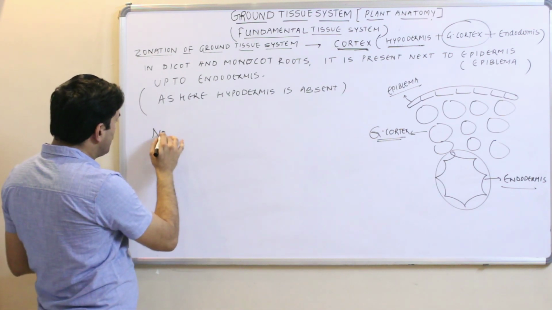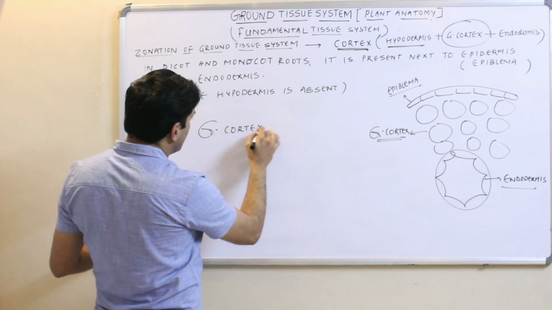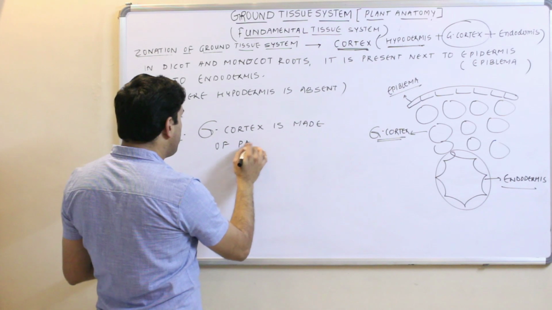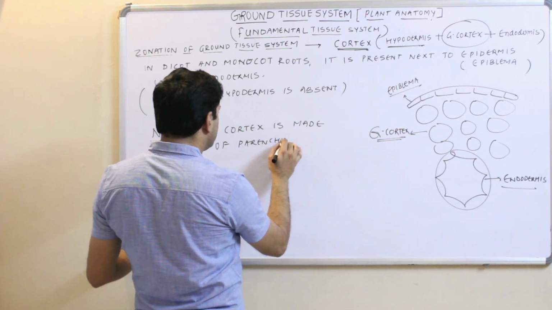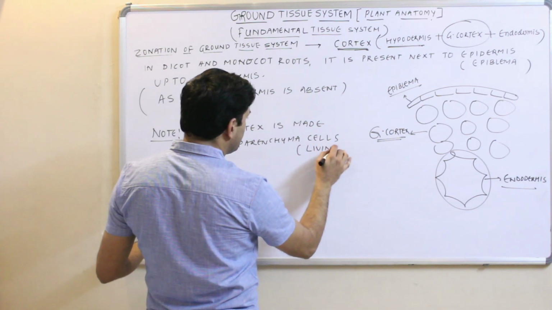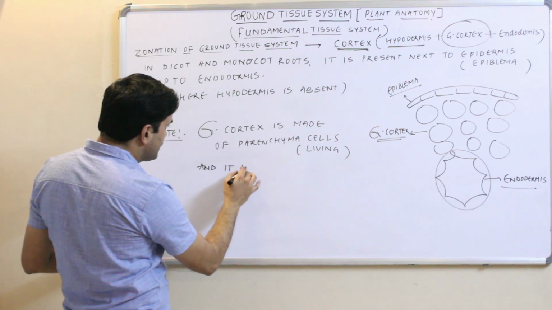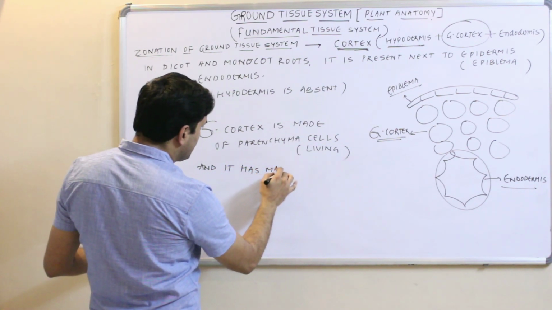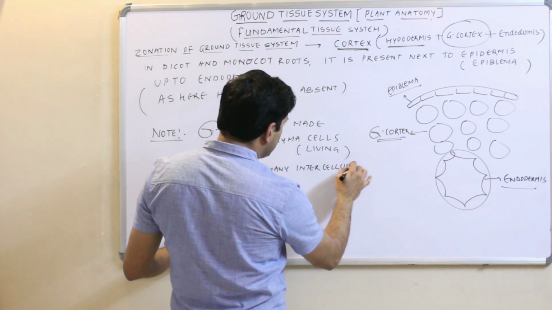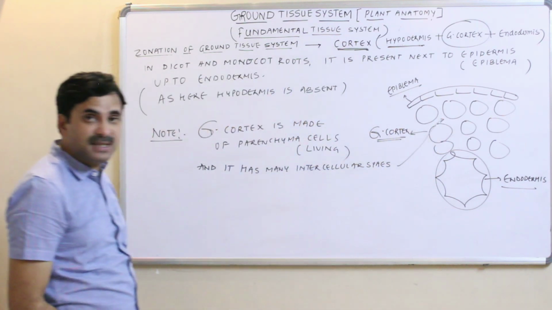Now remember this, that general cortex is made of parenchyma cells, which are living, and it has many intercellular spaces. You can see here many intercellular spaces are there.